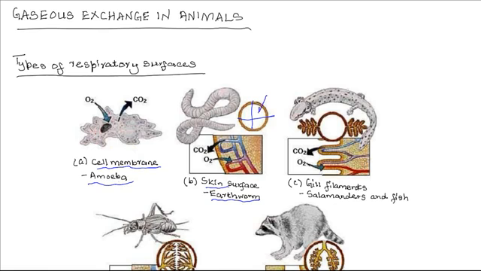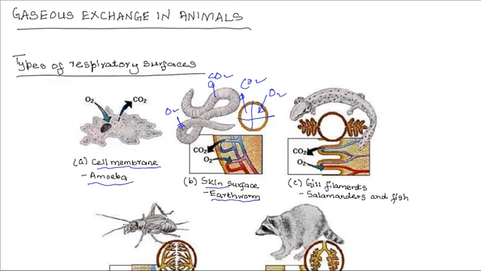So oxygen will diffuse in and carbon dioxide will diffuse out of the body because of the large surface area to volume ratio. Now, the earthworm also exists in an aquatic environment. The surrounding must be moist for this type of gaseous exchange to take place.